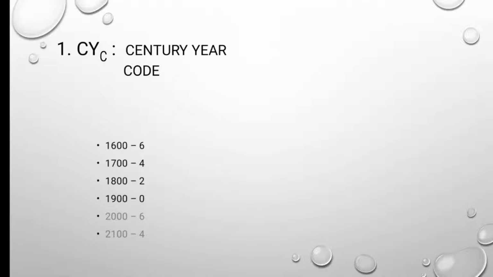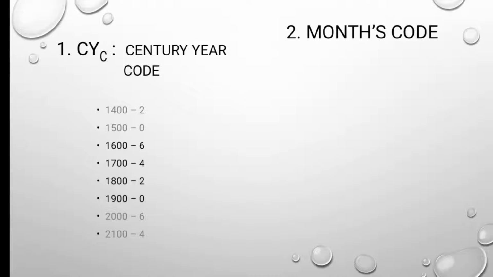So for 1500, the century before 1600, the code will be 0, and so on. The pattern will repeat, and for 1400 it will be 2, and so on. It will repeat in both directions. But as of now, you have to remember the codes 6420, and you have to use them accordingly.